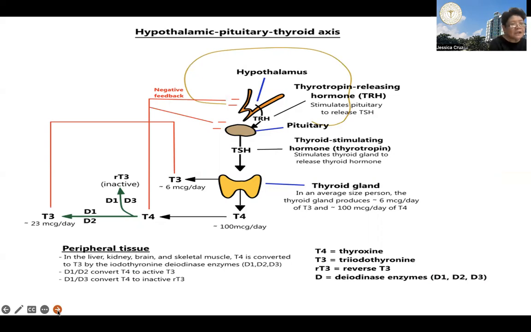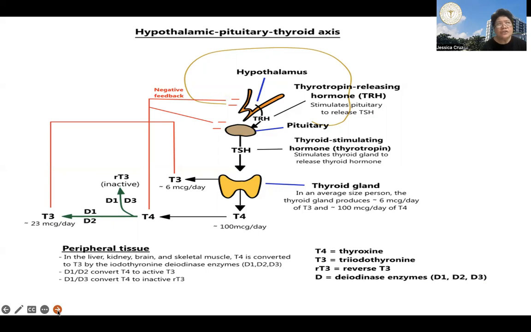Now, there are conditions or drugs that may affect the activity of these deiodinase enzymes and lead to a state of relative hypothyroidism, or a decrease in thyroid function. For example, amiodarone, which is an antiarrhythmic drug, iodinated contrast media, which is given before radiologic imaging, beta blockers, and corticosteroids.